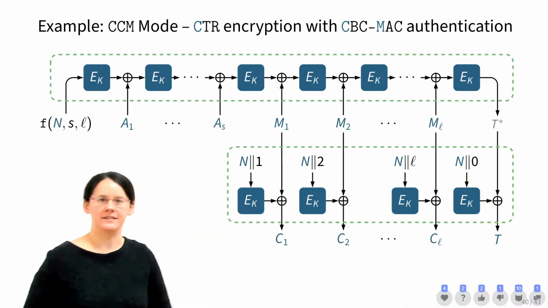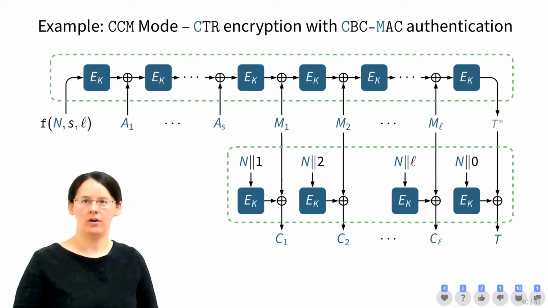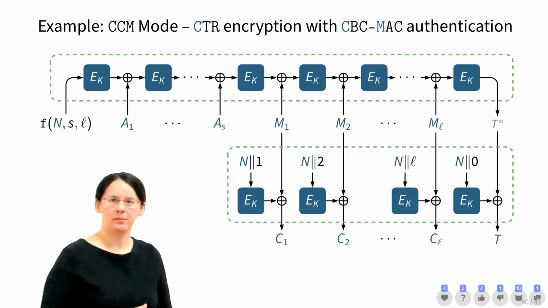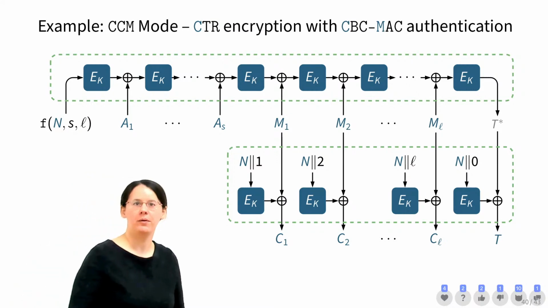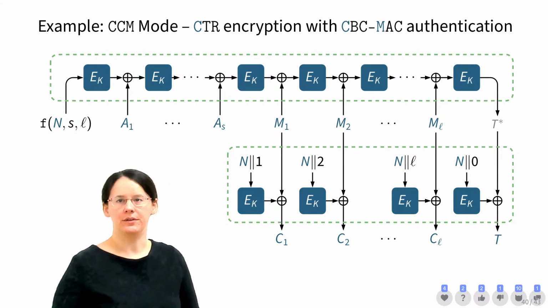Okay, so that's the complete scheme. You see the MAC on top, the encryption scheme on the bottom. And this is actually one of the modes that you can, for example, choose even in TLS 1.3 still.